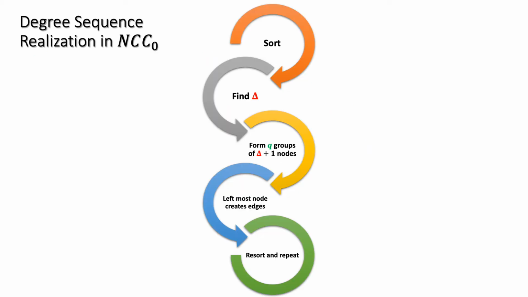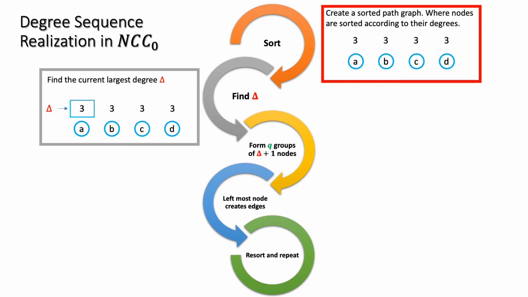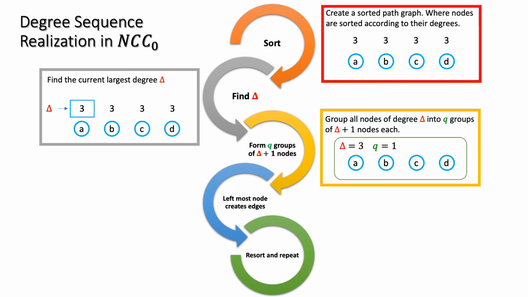The distributed degree sequence realization algorithm. Recall we start with each node knowing only its own degree in the graph to be realized. Using the sorting primitive, we sort the nodes according to their degrees, constructing a sorted path graph. We then find the currently largest degree, delta. Here it is 3.